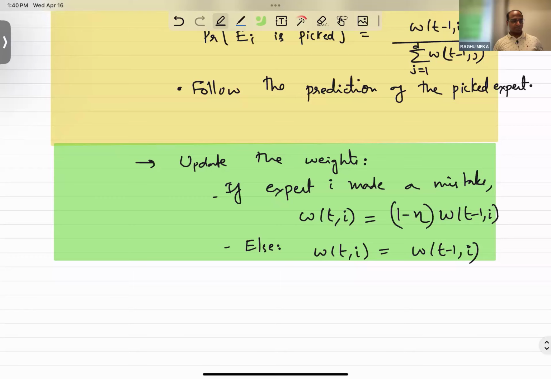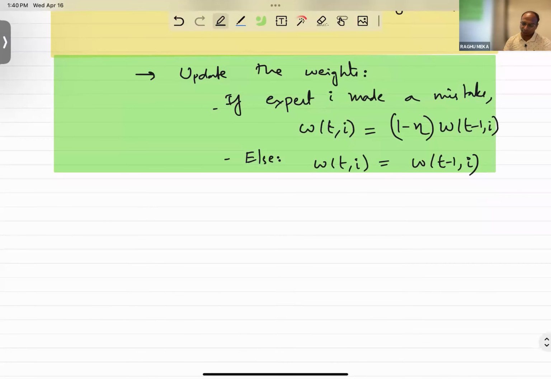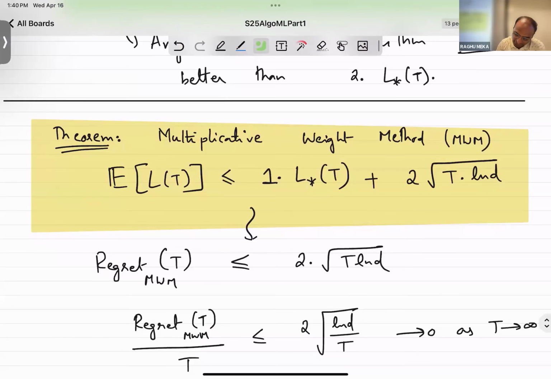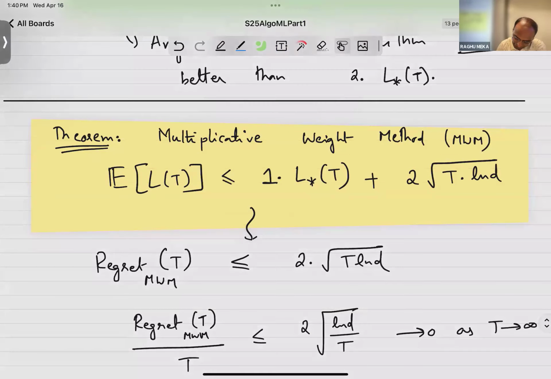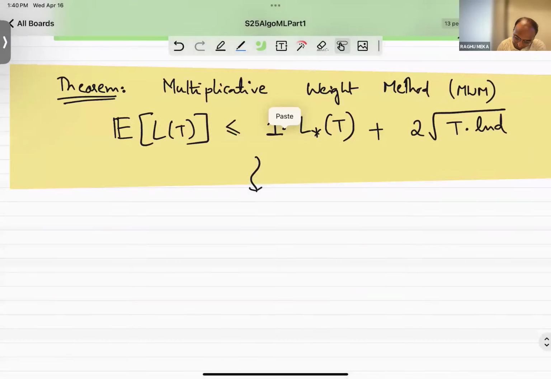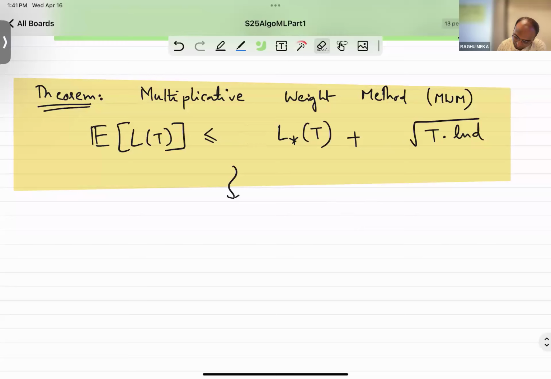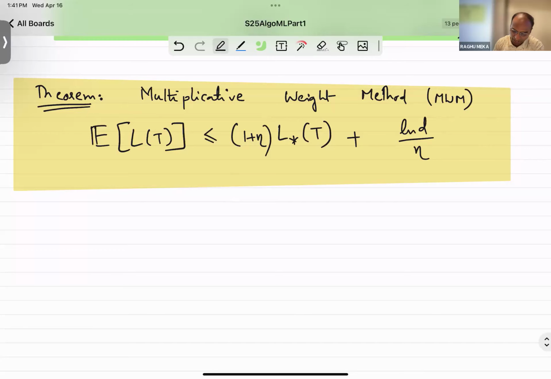All right. And we'll show basically that this algorithm gets, okay, this is the guarantee that we're going to show.